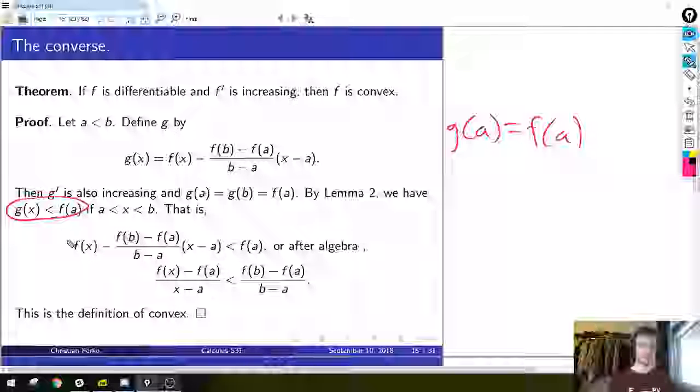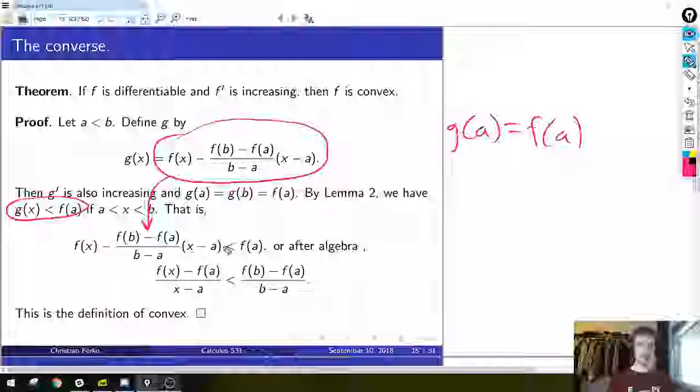So why is that? If g of x is less than f of a, I just take this big expression for g of x and plug it into that inequality. So I'm just copying that down on the left side. That thing is less than f of a, so I've just copied f of a on the right side. And now you can see pretty easily that you can just do some algebra here. You can add this term, the f of b minus f of a over b minus a times x minus a, to both sides.